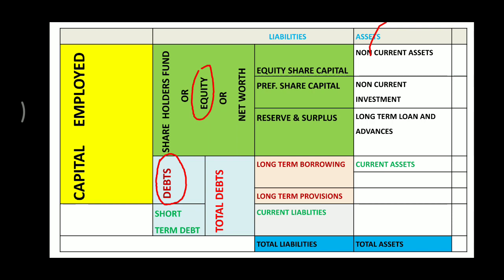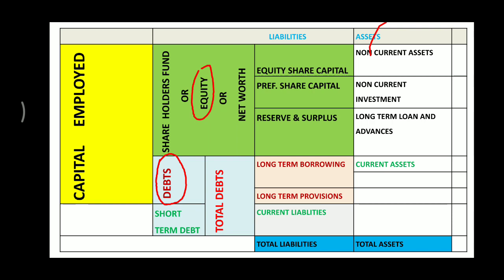That means anything that belongs to the shareholders is a part of equity, including the share capital as well as all the reserves and any accumulated profits. So one formula that we get is that shareholders fund or equity or net worth is equal to equity share capital plus preference share capital plus reserve and surplus.